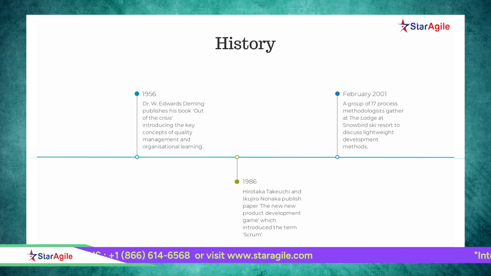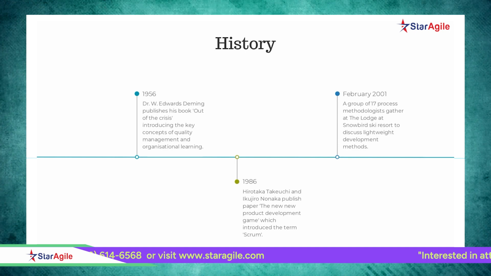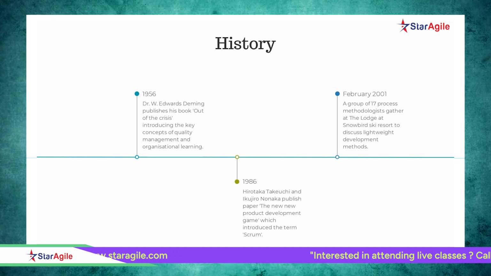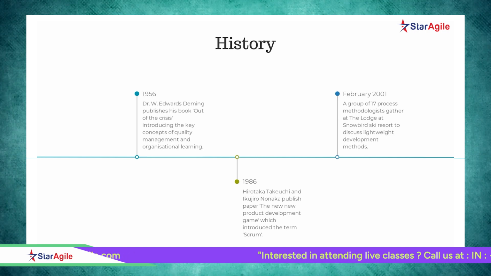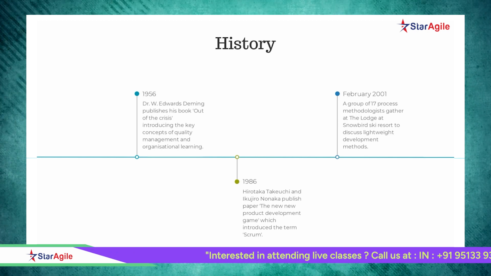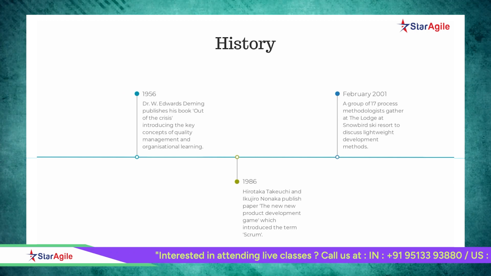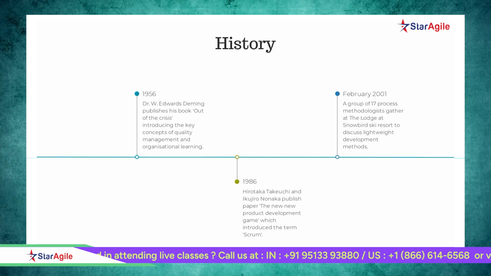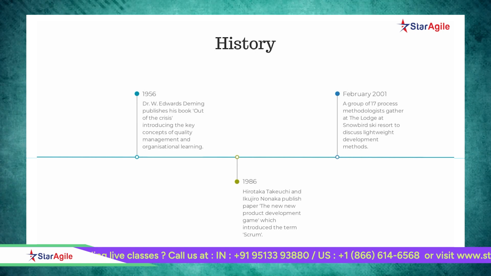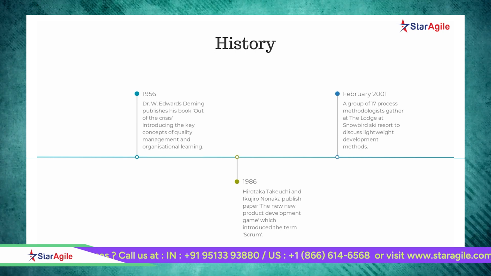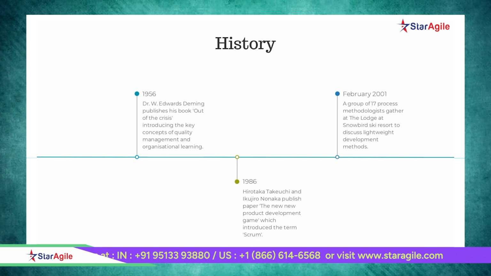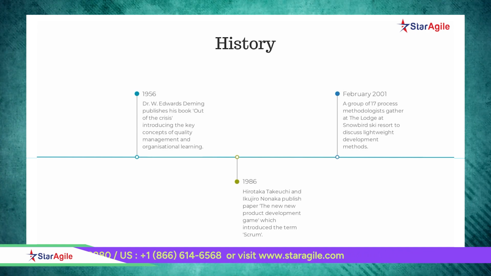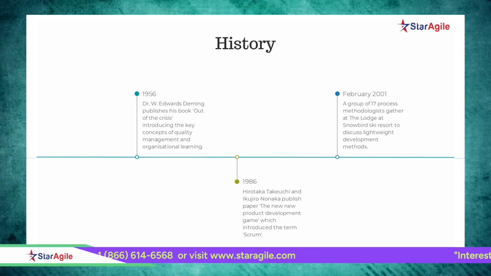Later in 1986, Hirotaka Takeuchi, a Japanese business theorist, co-authored the New Product Development Game, which influenced the development of the Scrum framework. He looked at the practices in a number of successful companies, where his attention was drawn towards the practice of having an overlapping development process rather than the older sequential approach.